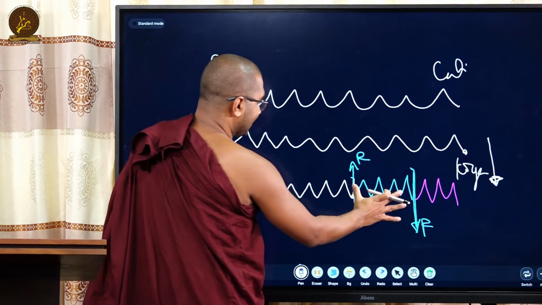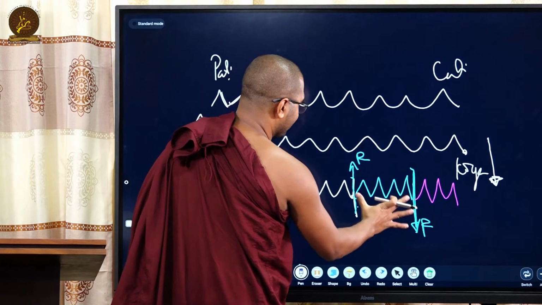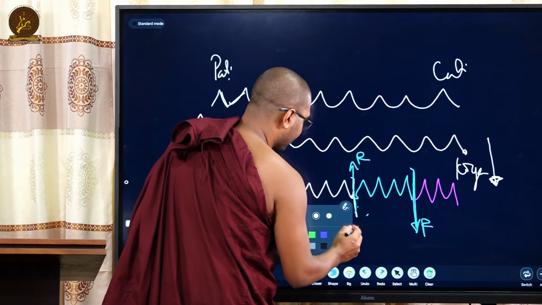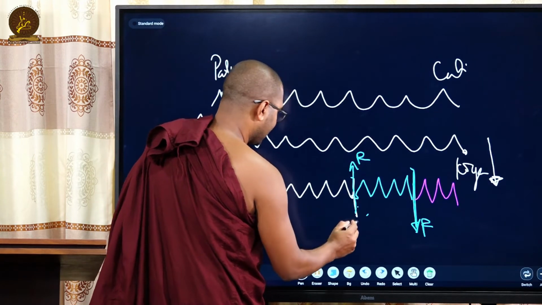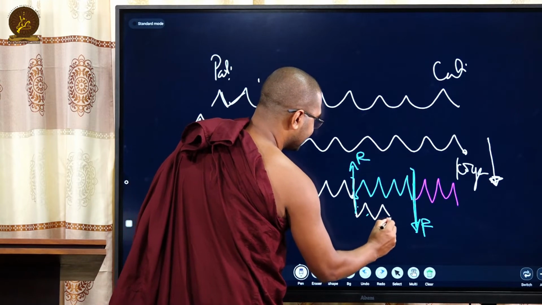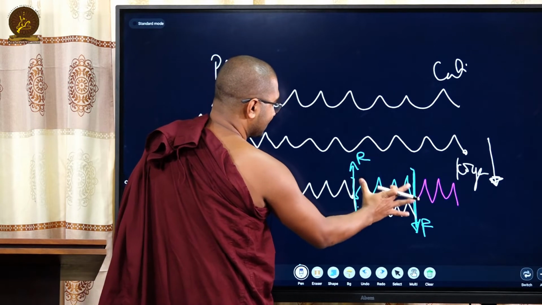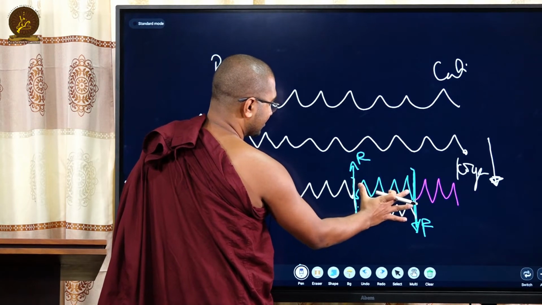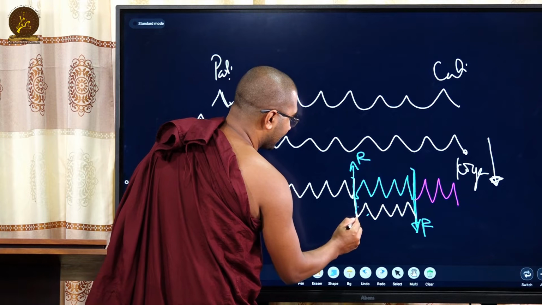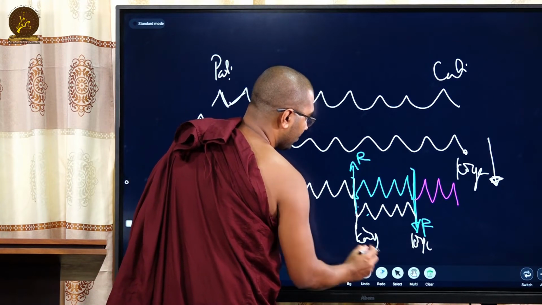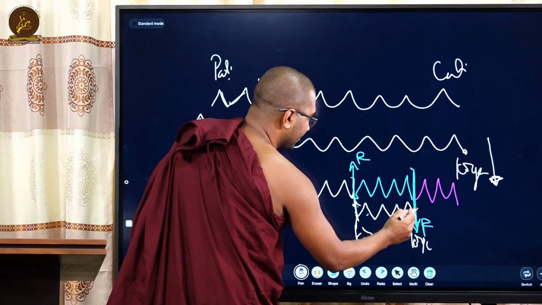So with the rising and falling of the generation of Utuja Rupas, even the Kammaja Rupas are also passing away together with them. They also have a similar generation. So now taking them as a yardstick, we can say the Kammaja Rupas also arose and passed away during this time.